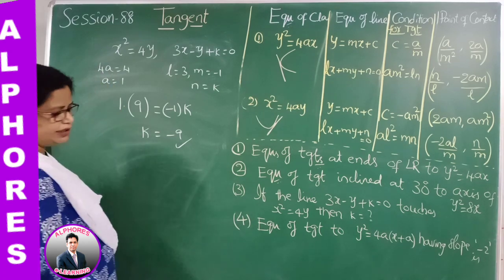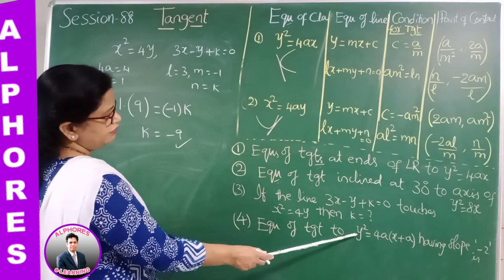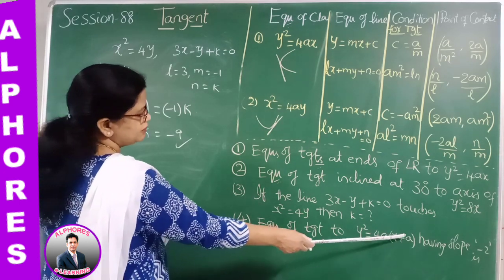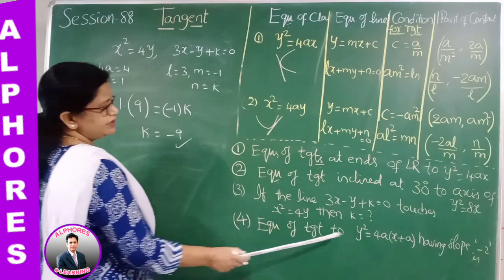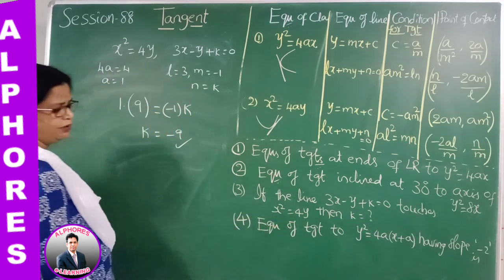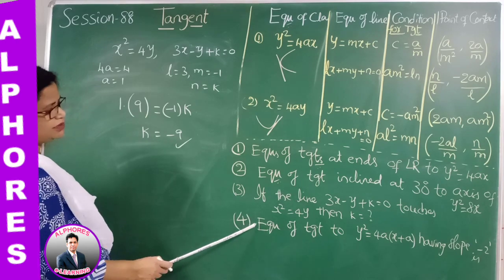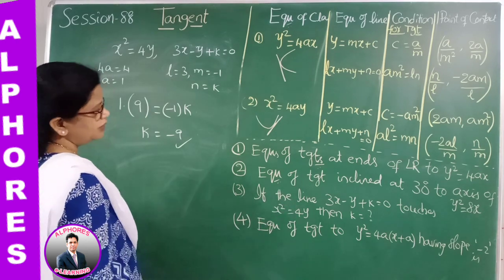And next one, students: to this parabola y square is 4a into (x plus a), if it is having a slope minus 2, then what is the equation of tangent?